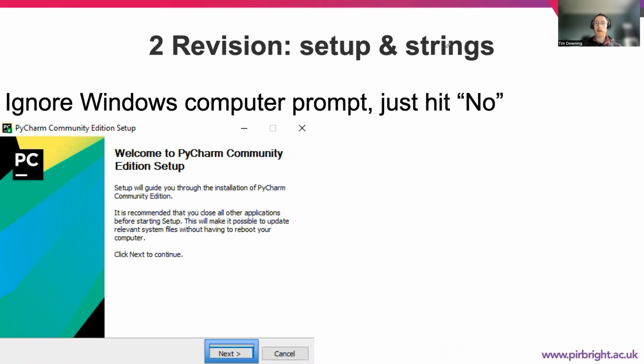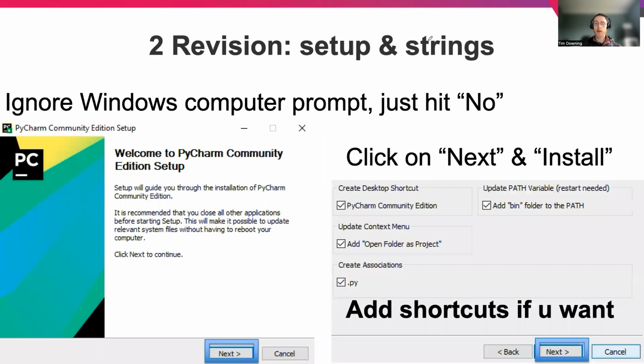Just hit no if there's a particular permissions request, and just hit next and install to go through the different steps. You'll need to install it on a local folder that's inside your space on the computer. So make sure that that is where you're installing it.